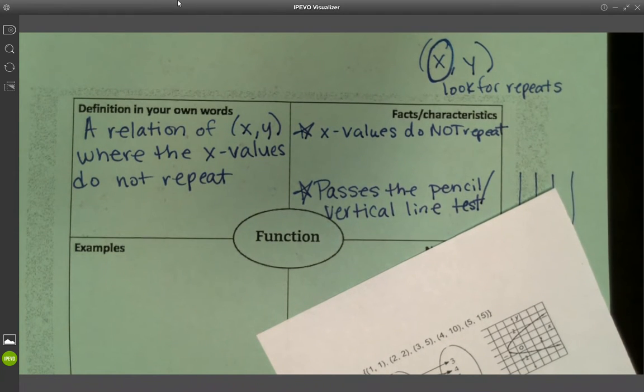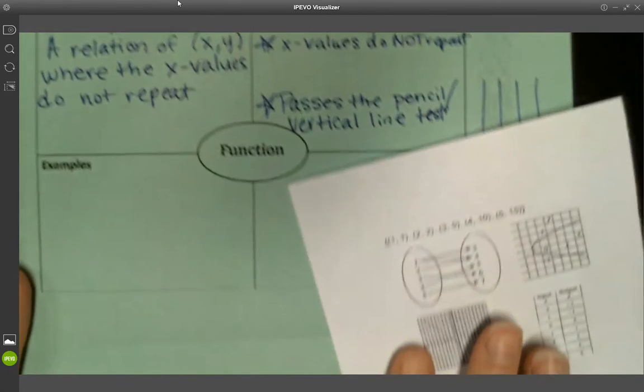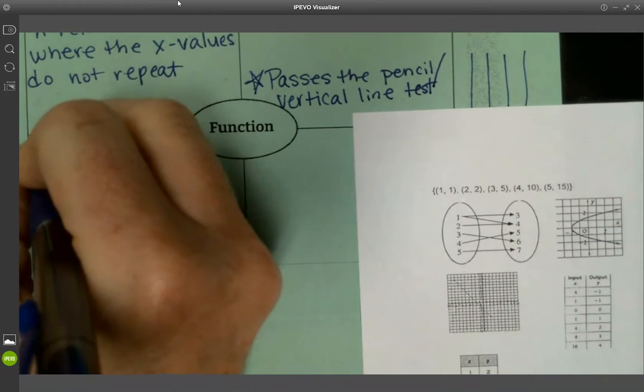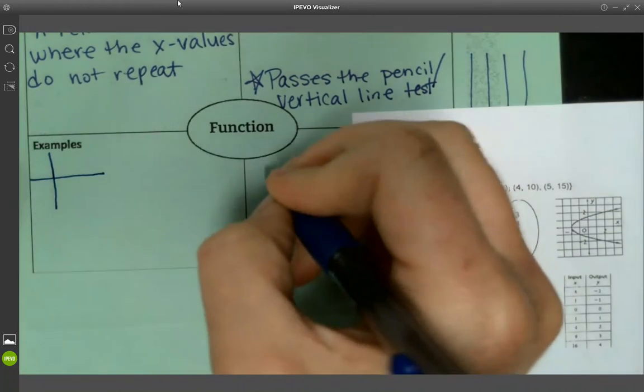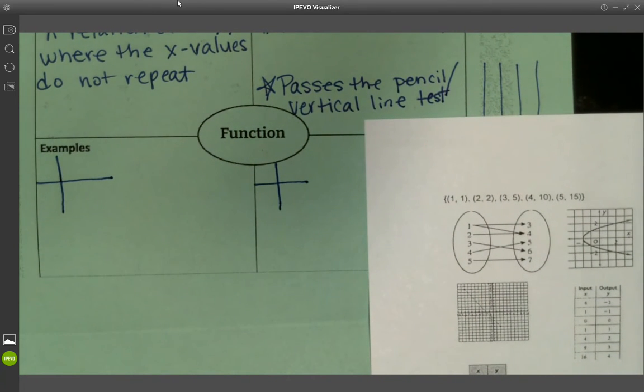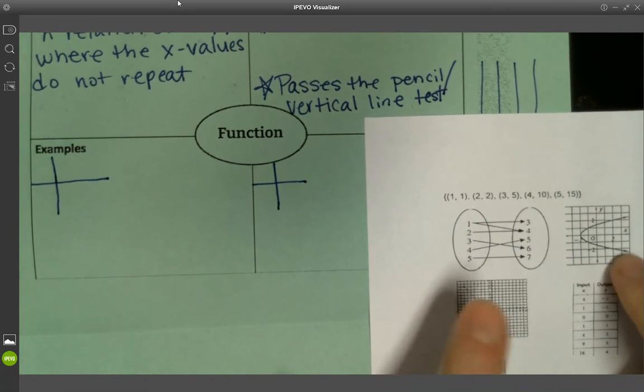So I think the easiest one is to look at the graphs. So look at the graphs, decide which one is a function, which one is not, and then we can redraw it. Doesn't have to be perfect. Here's my little graphs, x and y. So we have these two.